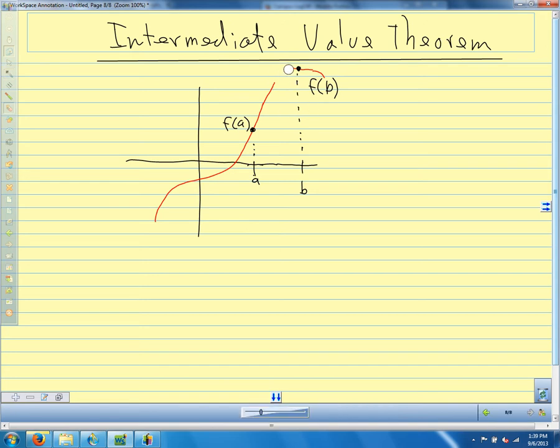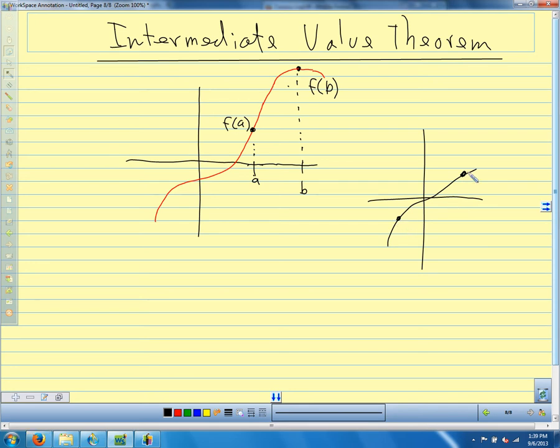And the way that we usually use the intermediate value theorem is that if we know that our function is, for example, negative over here and positive over here, then somewhere between those two points the function has to equal 0.